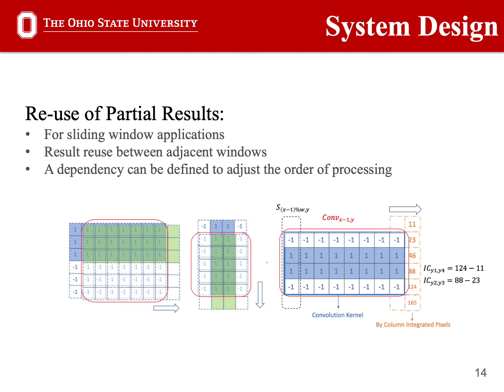Once a dependency is defined for adjacent windows, the system can sort out a proper execution order so that the redundant calculation can be avoided. For example, the same Haar feature is applied for adjacent windows, and the step between these two windows is just 1 pixel. As we can see here, obviously the calculation results in the red circle can actually be reused.